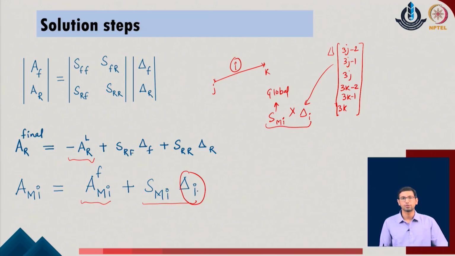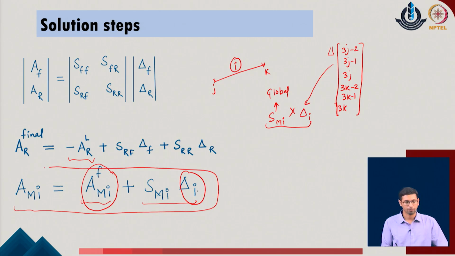Multiplying these two will give me the member forces in the given system. But as we also recall, the equivalent joint load method gives us not the direct force in the member, but we also need to add the contribution due to the fixed end forces of the system. So, we will again calculate the reactions due to the fixed end forces of the given member I, which has been already evaluated, and we add that contribution to get the net force in the given member. So, with this part we are able to complete the overall analysis of the plane frame members.